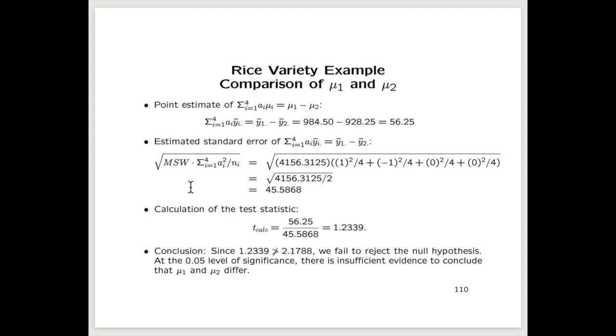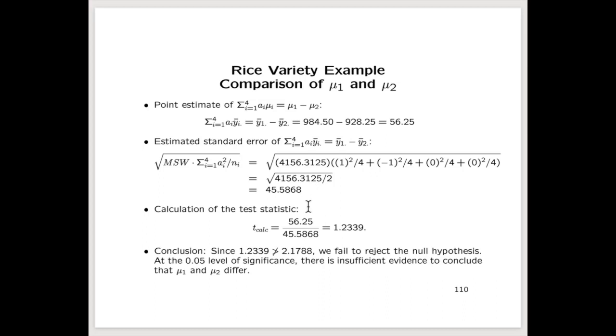For the estimated standard error of that point estimate, notice that we plugged in the value of sigma hat squared, which is the mean square within, and then we calculate this linear combination of the square of the A values over the sample sizes. When we do this calculation, we get an estimated standard error of y bar 1 dot minus y bar 2 dot of 45.5868.